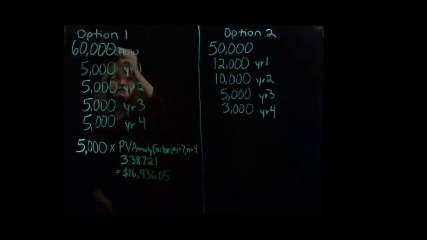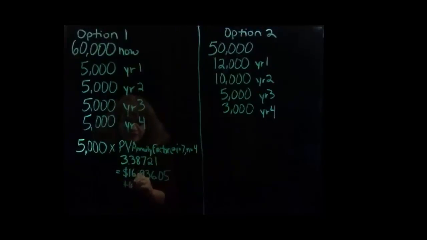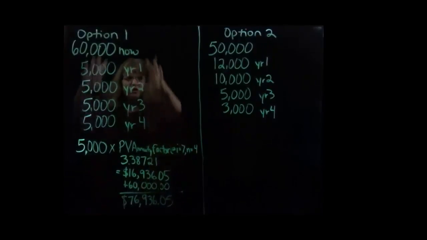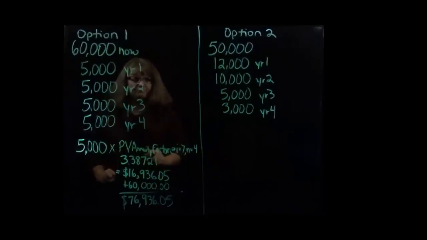If we then add to that the $60,000 that we would be paying today, we find that the total we would be paying under this option is $76,936.05. That's the present value of this payment option.